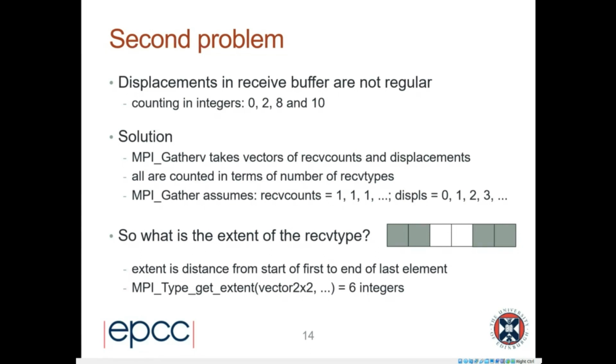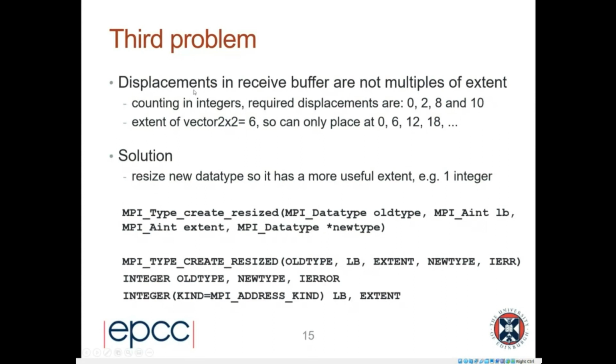The second one is you need to use a general collective which allows you to specify different displacements, which is typically a V alternative. There's gather V, there's all to all V. And the third one is you have to lie about the extent of the data type. It's all a bit nasty.